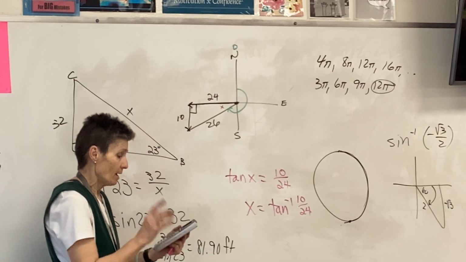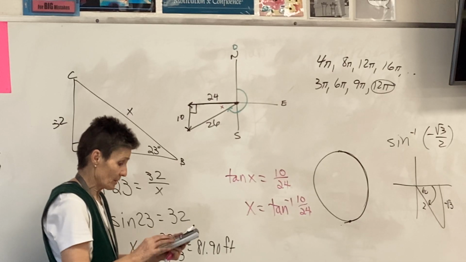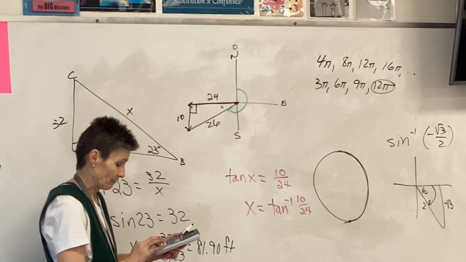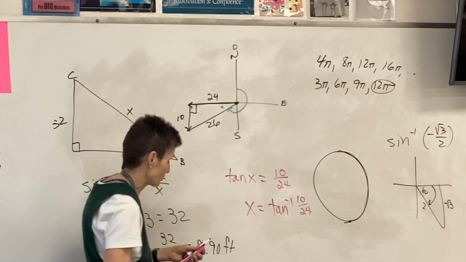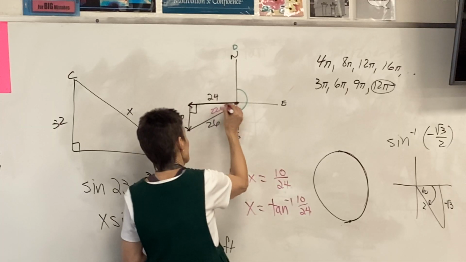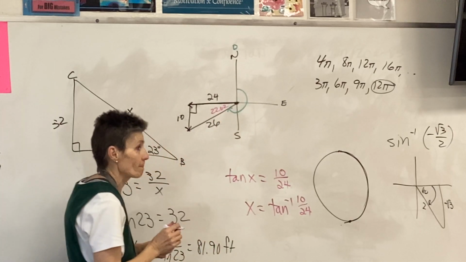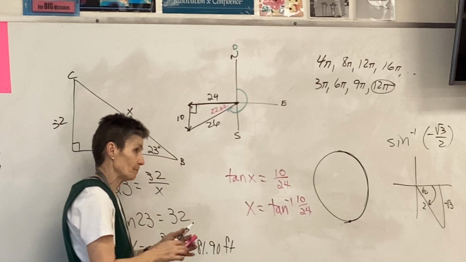Second tangent. Am I in degrees or radians? I'm in degrees, okay. So second tangent, 10 divided by 24, 22.62. So this angle right here is 22.62. You say negative? No. In navigation, we don't have negative angles.